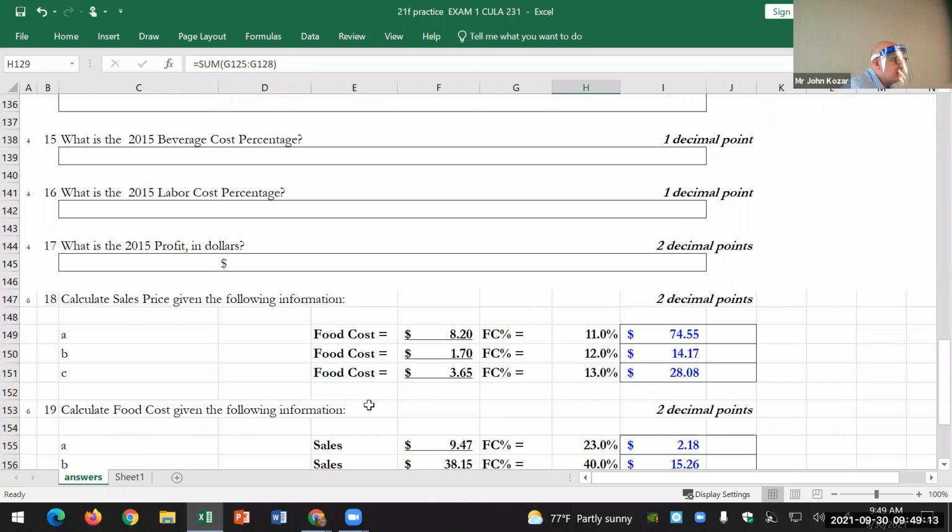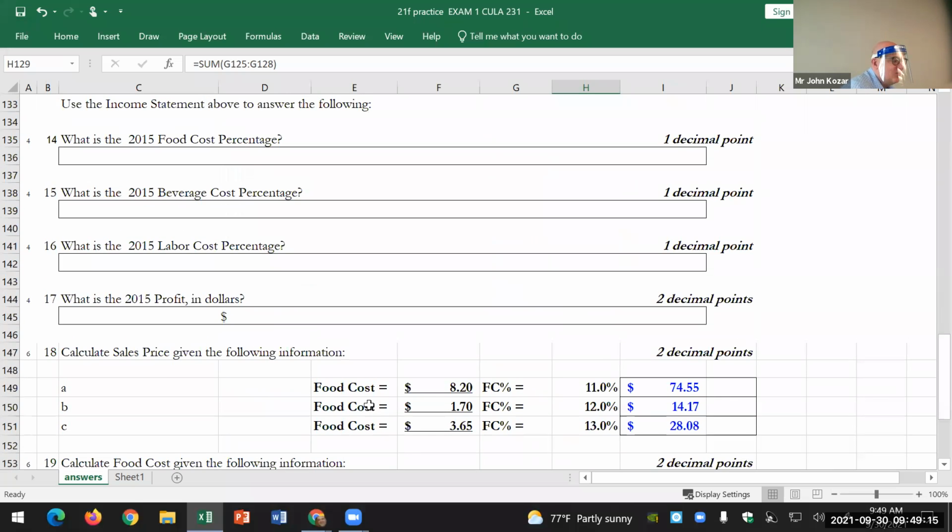All right, so the rest of these, we're using the same formula in each set. So calculate sales price. And there was a question like this earlier on the test. To get the sales price from these two pieces of information, you have to divide the food cost by the food cost percentage. So $8.20 divided by 11% gives you $74.55.